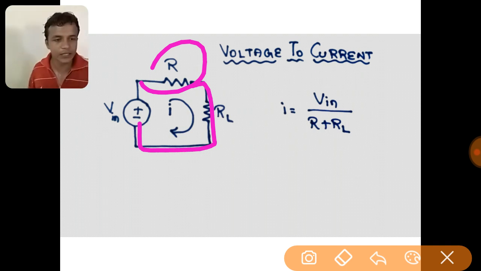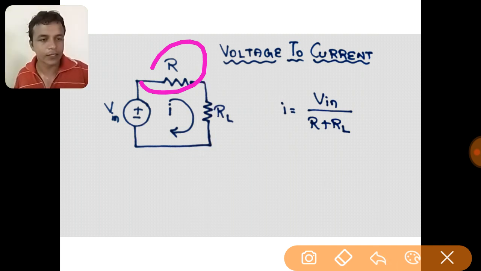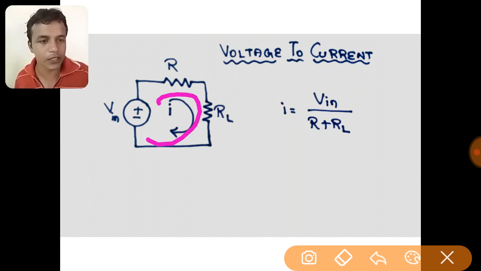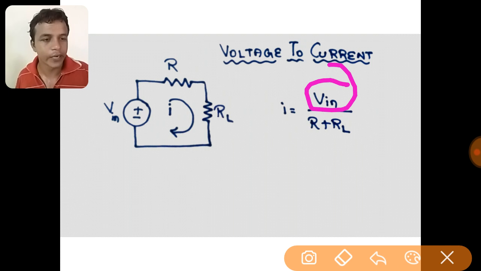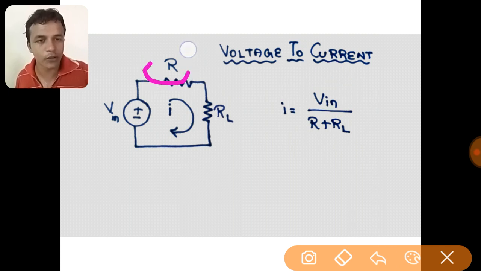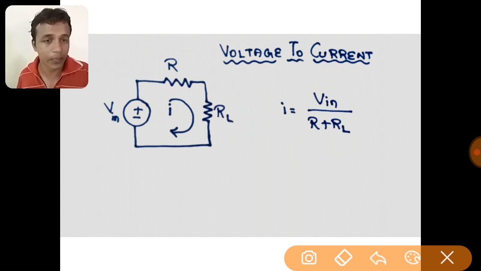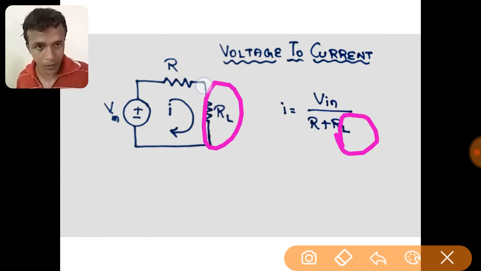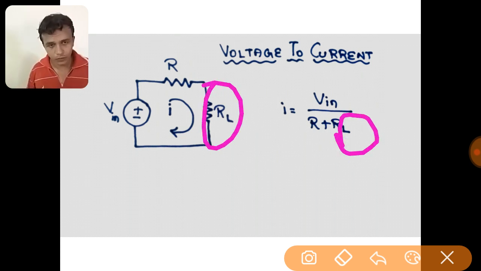Here in this circuit, the current that is flowing not only depends on the input voltage and input resistance, it depends on the load resistance also, the internal load resistance RL.